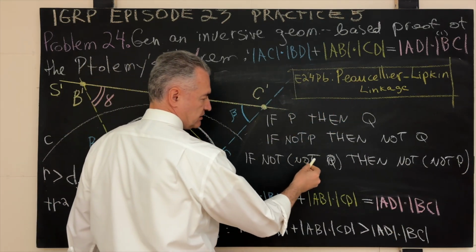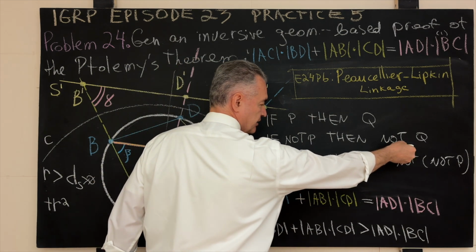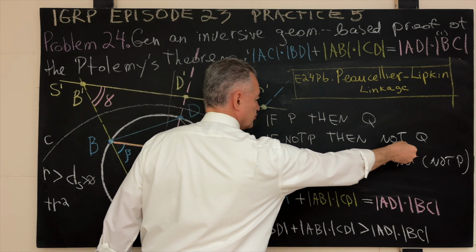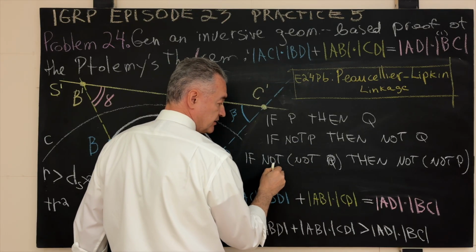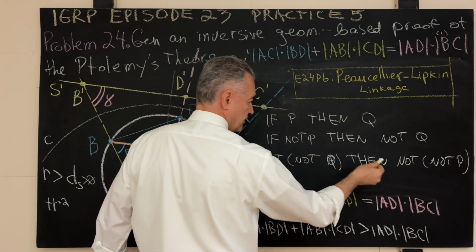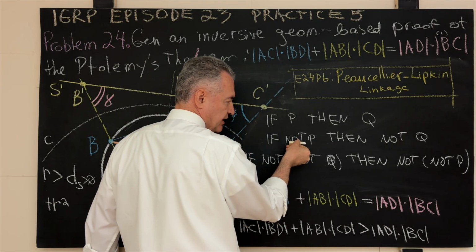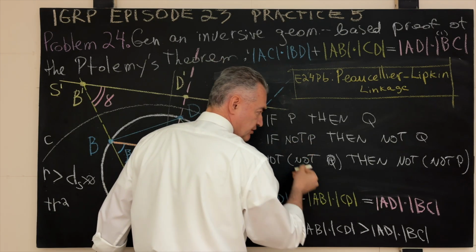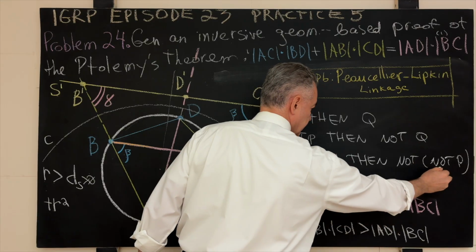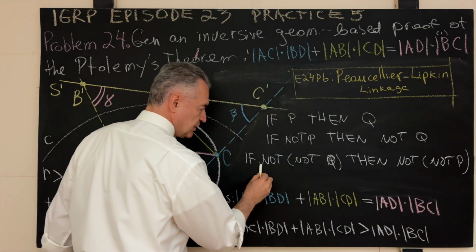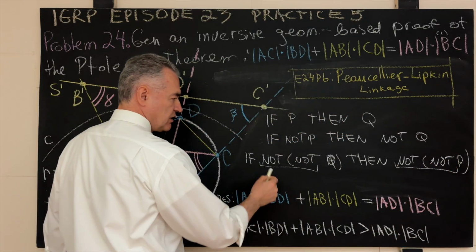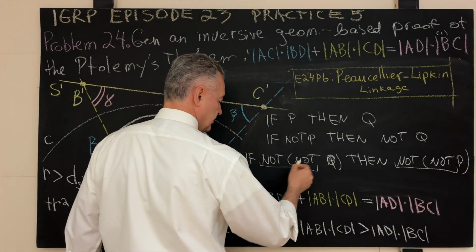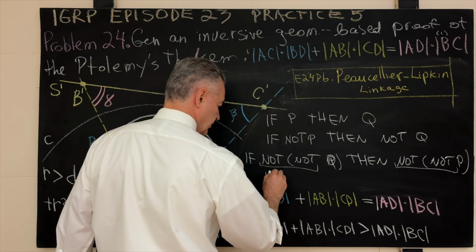We rotated the predicates not Q over the then clause, and we negated it, not Q, and then we rotated the predicate not P over the then clause, and then we negated it, not P. But two negations in a row here and here produce what? They dissipate each other. So what we proved is the following.